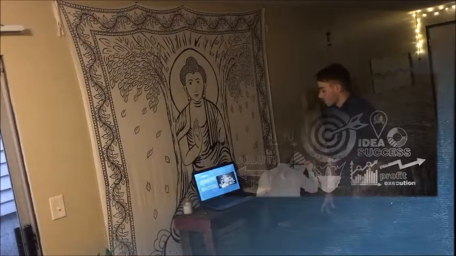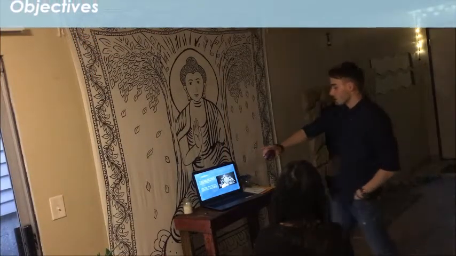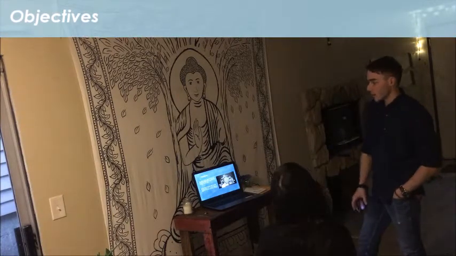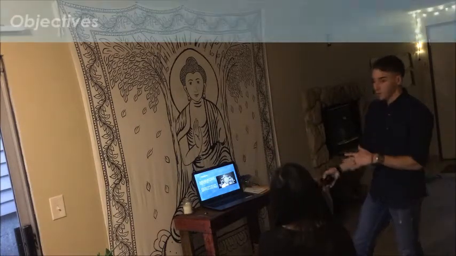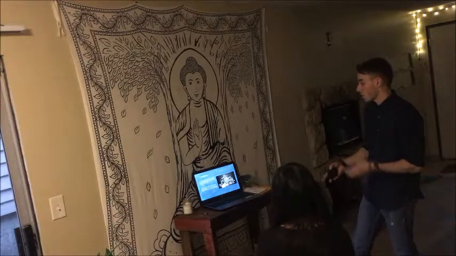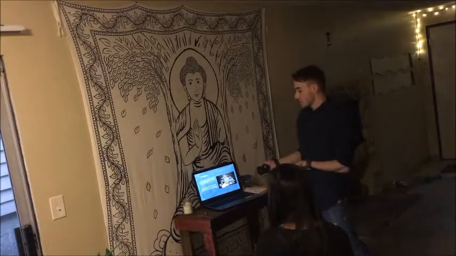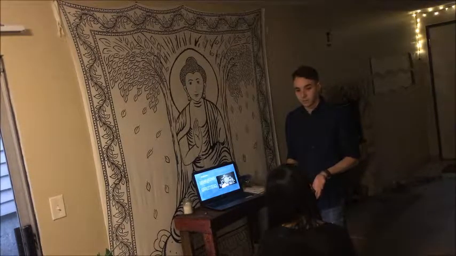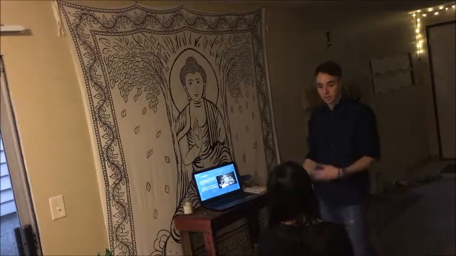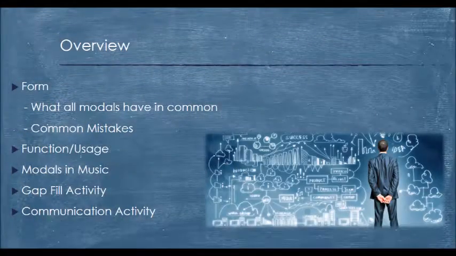So our objectives today, I'm going to jump right into it, are that students will be able to identify which modal verbs are appropriate within a certain sentence, and we're also going to see how we use these four words in a communicative setting. So just kind of talking, having conversations with people.